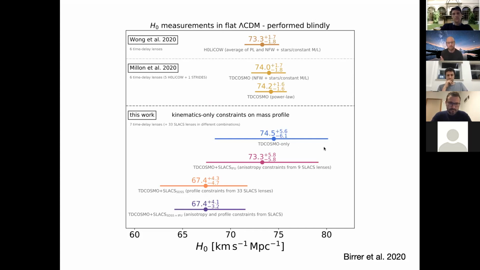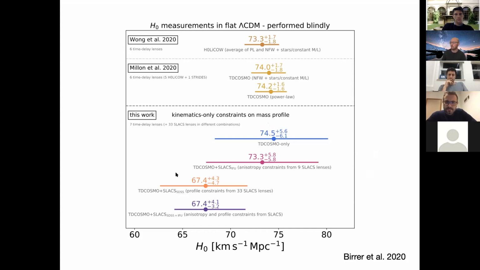So if you have better data and theoretical knowledge to the level of precision that we require, and this second part is the important part, yes, these errors can significantly shrink. They will not expand relative to the parameterization that we have, and potentially move. So this is TDCOSMO only.